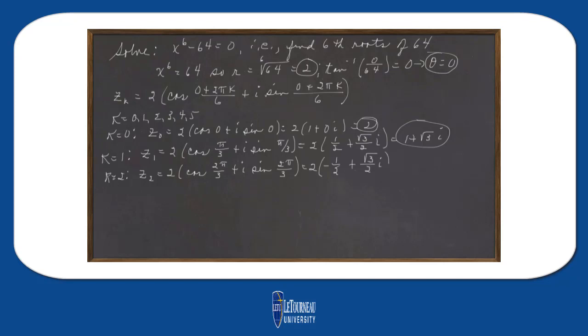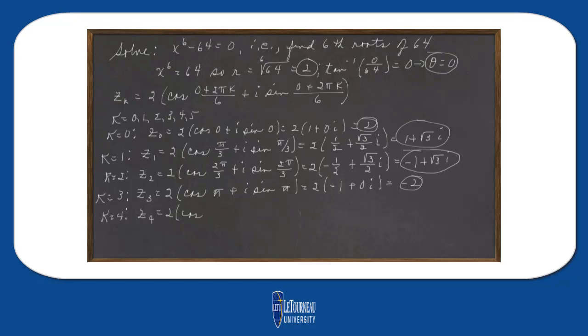We go ahead and do the same thing for all of these. The 0 plus 2 pi k, when k is 2, we have 4 pi over 6, or 2 pi over 3. Do you notice here the relationship when k equals 1 and k equals 2? And look at the relationship between 0 and 3.